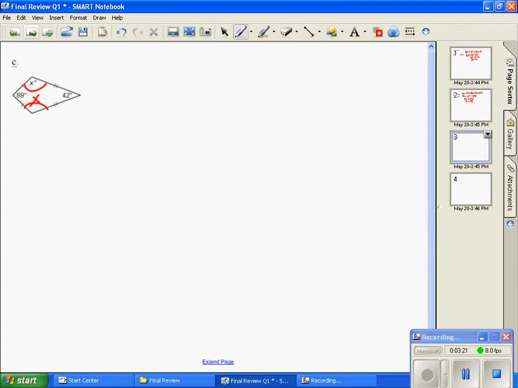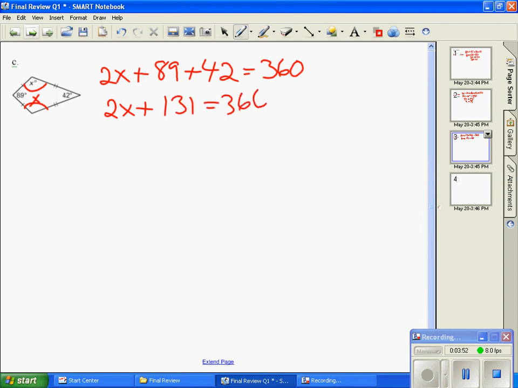So to find what x is, we're just going to add all these angles together, and we're going to set them equal to 360. So we have 2x + 89 + 42 equals 360. Okay, so let's combine like terms. So we have 2x + 131 equals 360.